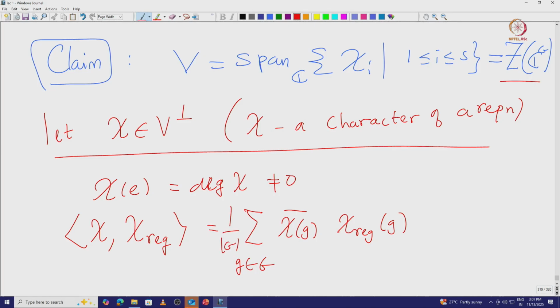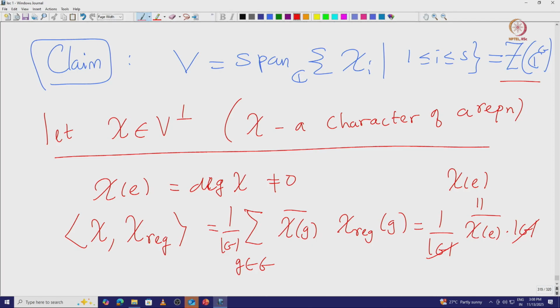Now you already know what the values of chi regular of g are. That is non-zero only when g is identity. So, this is exactly equal to 1 divided by the cardinality of G times chi of E bar times the cardinality of G, which is exactly equal to chi of E.